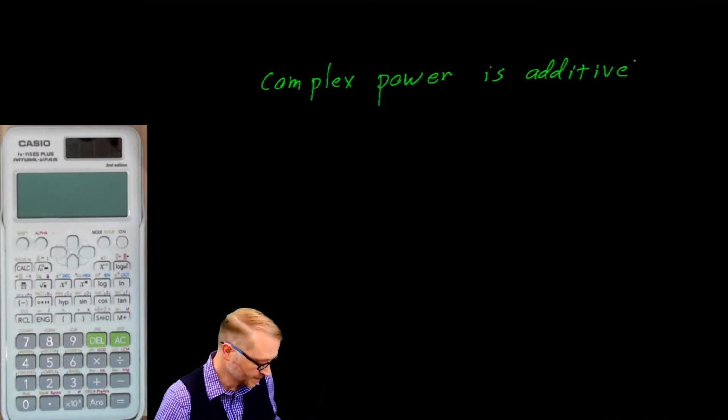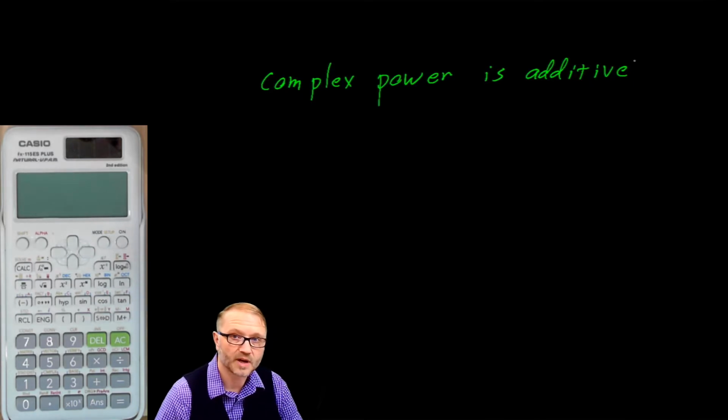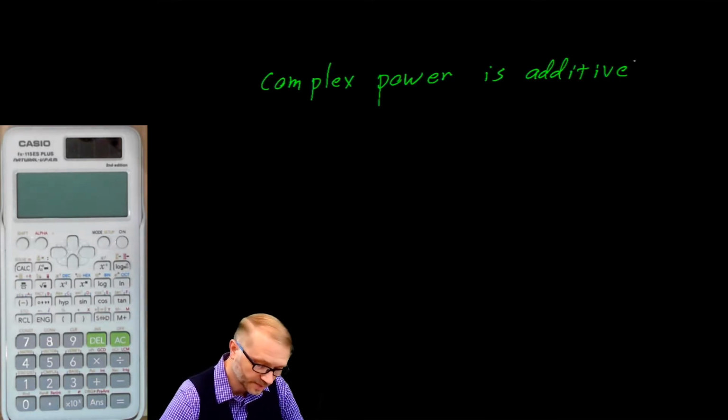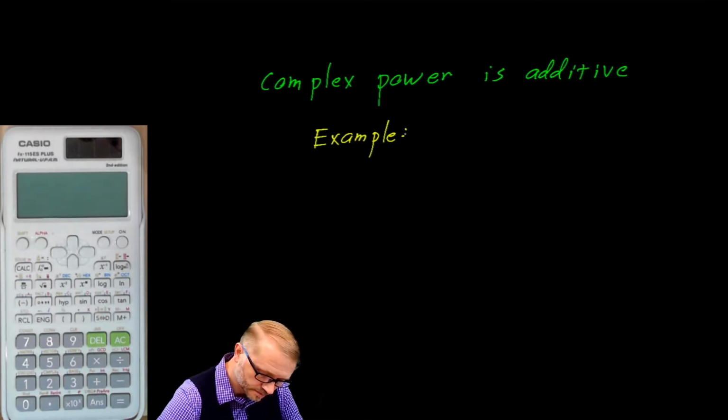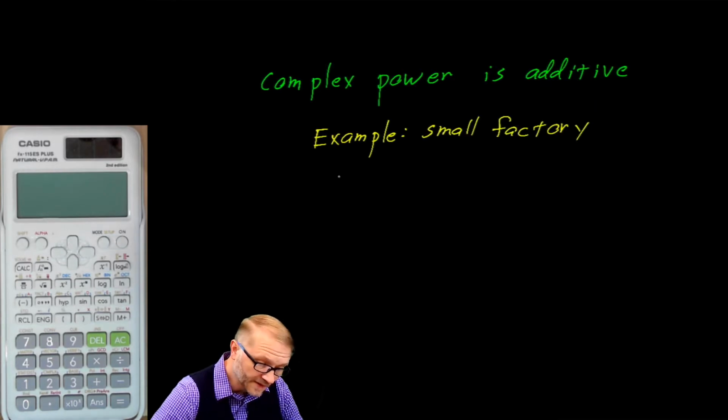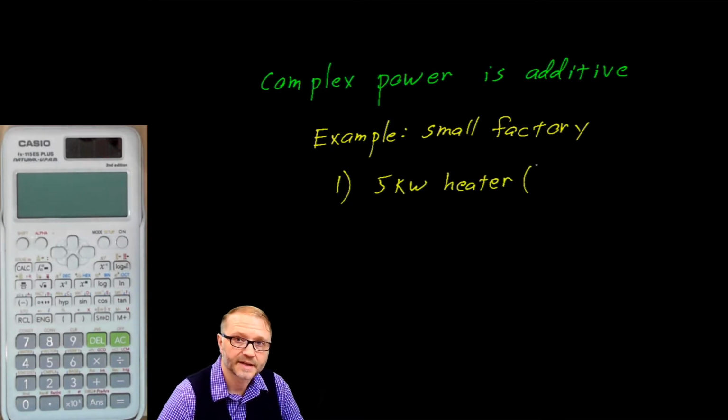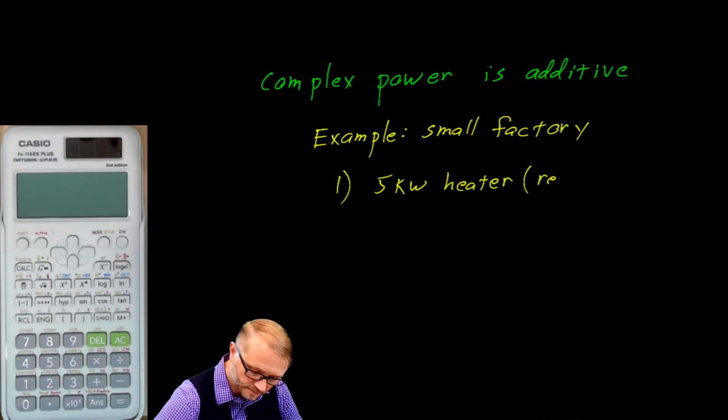In our previous discussions, we said that complex power is additive. As an example, let's take a look at a small factory with three complex loads. We'll let that first load be a 5 kilowatt heater, which means that the heater is purely resistive.